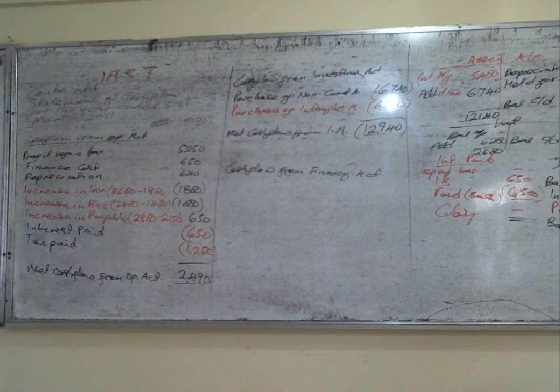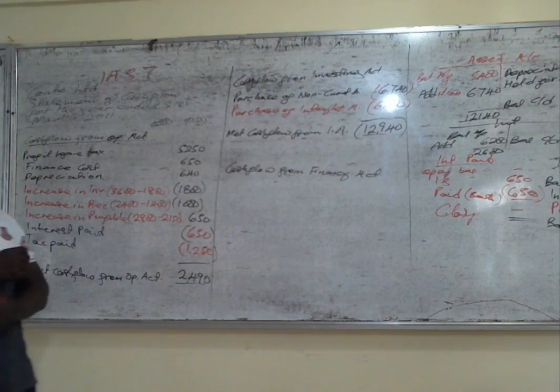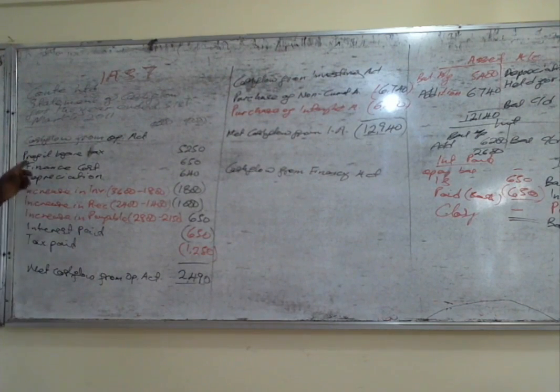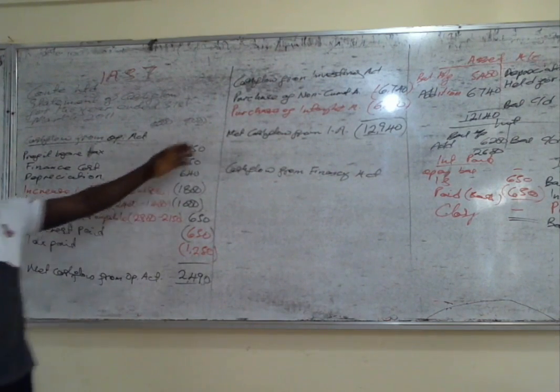So please, for investing activity, look at the non-current asset. Just look at the changes in it. If there's any additional information, just do the asset table. Other than that, pick the changes and do it. And as I said, if there's any investment income in the income statement, we come and add it.